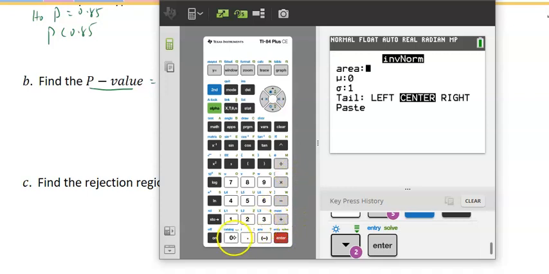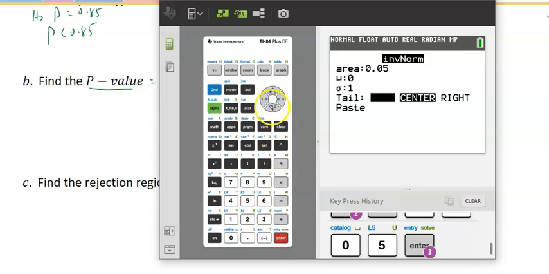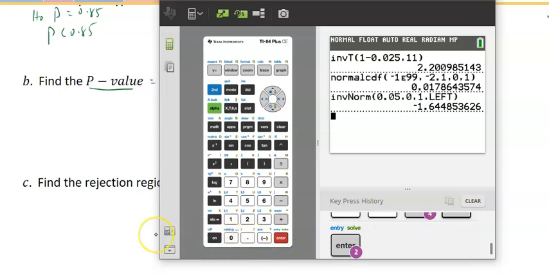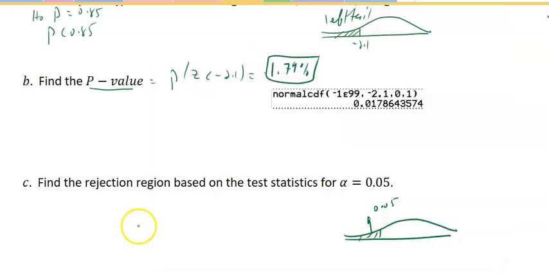I want an area of 0.05, and I want a left area, right? Negative 1.64. So, if my test statistic falls in that region, I will reject the null hypothesis because that rarely happens. If it falls in here, I fail to reject.